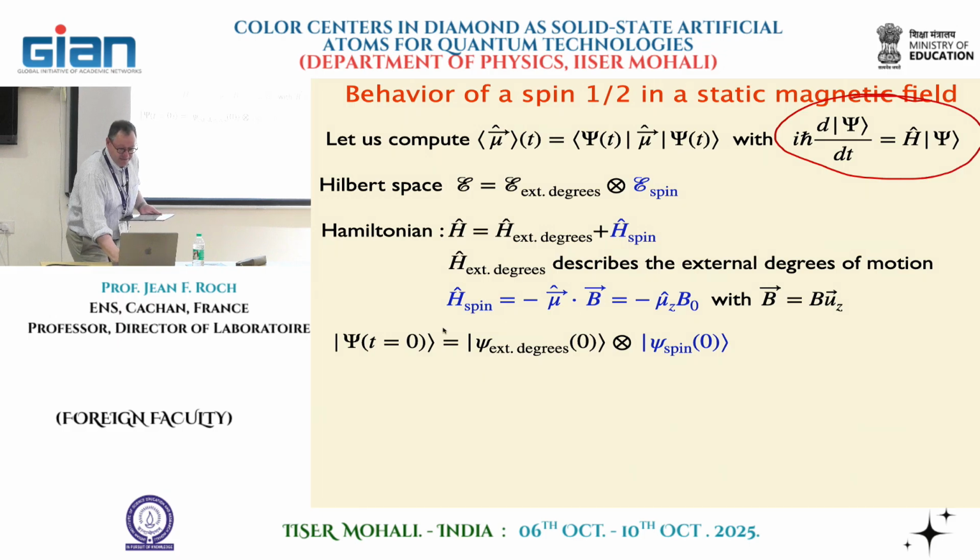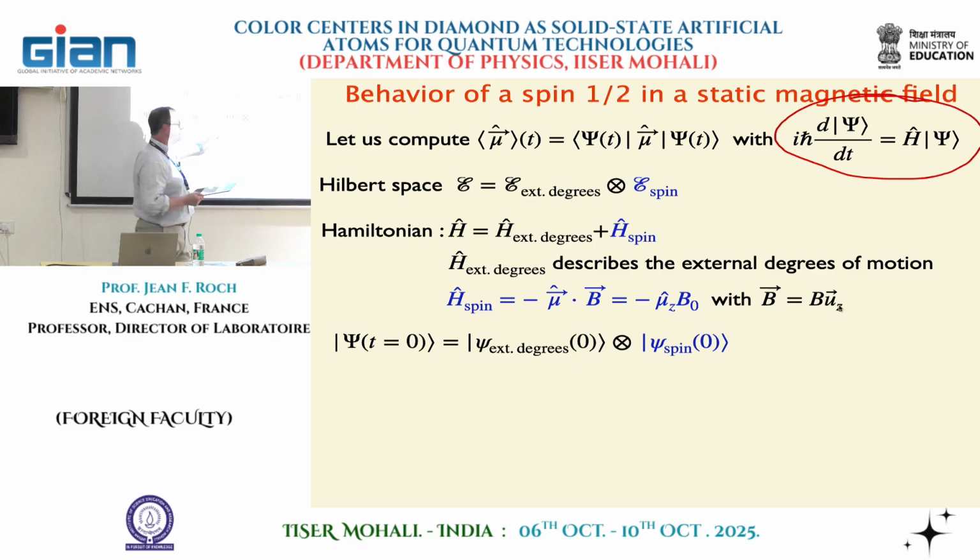And then I have this coupling term, the spin component, which is simply the magnetic dipole operator. I put a hat on each operator, as you have seen, in a scalar product with the magnetic field. And this is simply mu z times B0. And now B is equal to B times the unit vector along the z direction, which will then be the quantization axis.